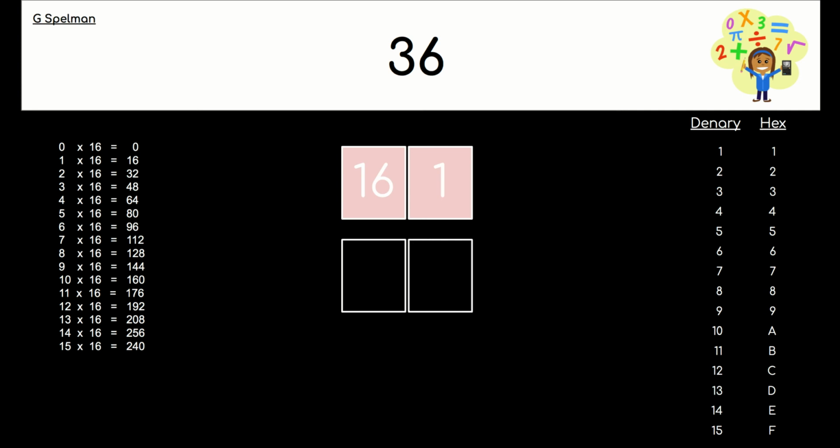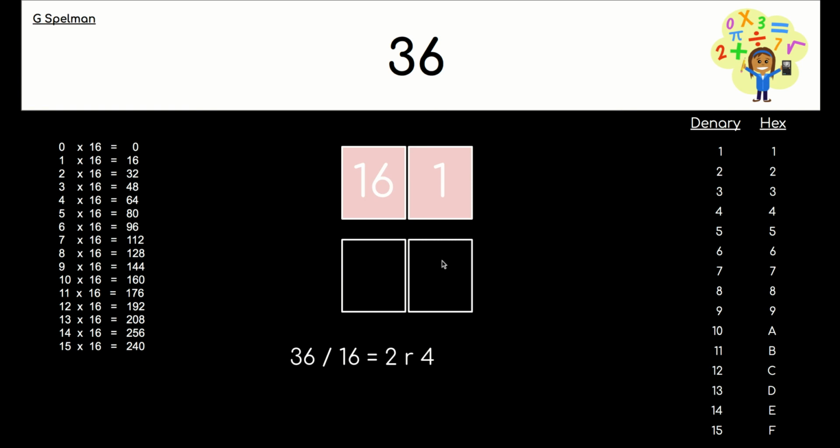Okay, could you work out how to represent 36 denary in hexadecimal? Okay, let's have a look at that. So you probably saw straight away that that's very close to 32, which is a multiple of 16. So you probably put 2 in there because 2 16s are 32.